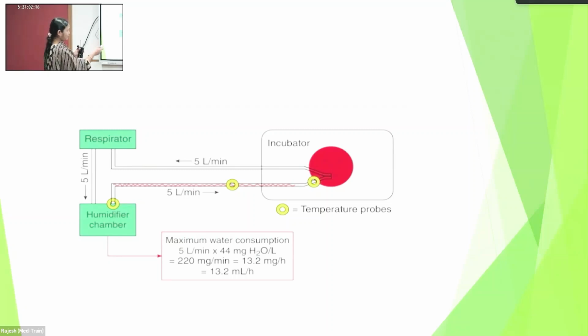But before it reaches there will be an interface where the heated coil will be absent, because initially it will be 37 degrees at the humidifier chamber. In this heated chamber, it will be going up to 40, 41. But again, before going to the patient, there will be no heated coil. So it comes back to 37 and then it will be supplied to the patient.